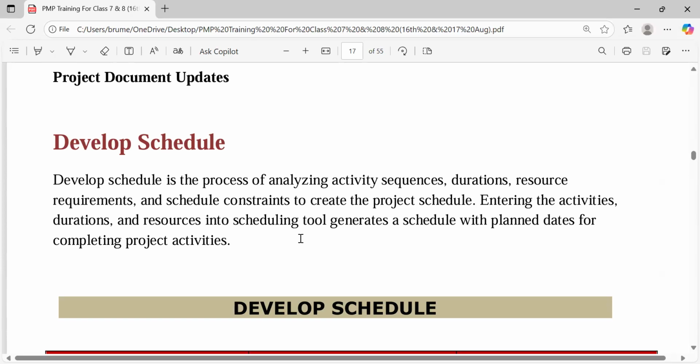And when we enter these activity durations and the resources into the schedule tool, the schedule can be generated, giving us the plan dates for the completion of the project and the plan date for the completion of all the individual activities.